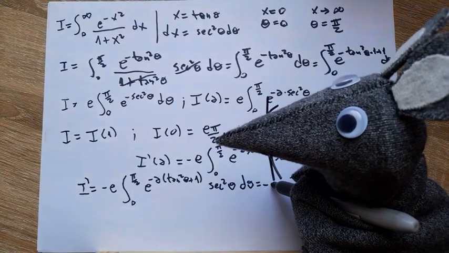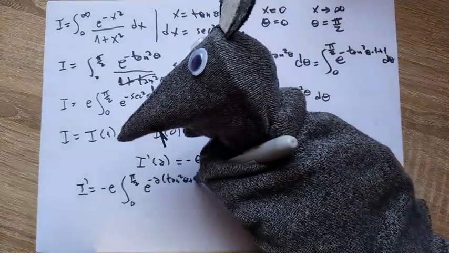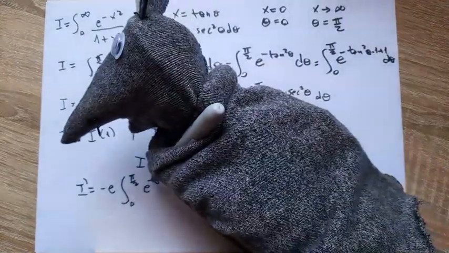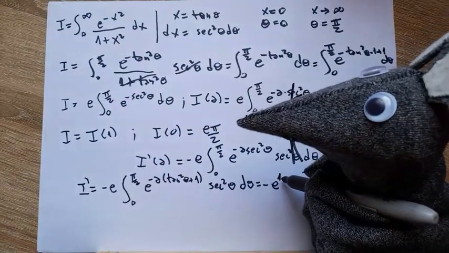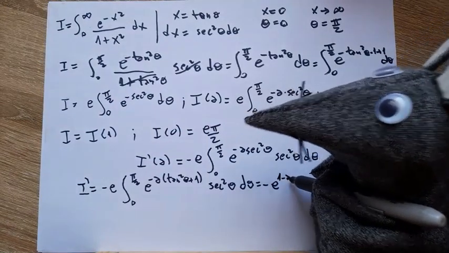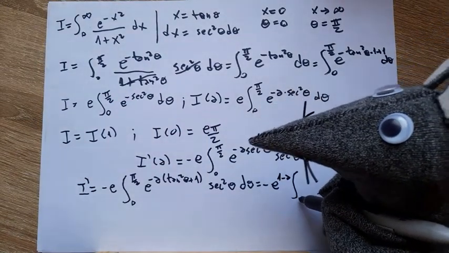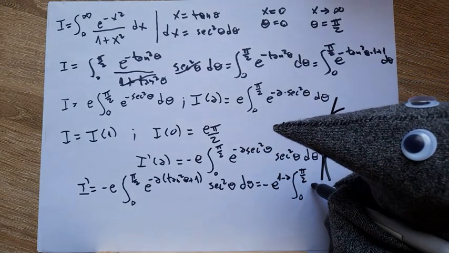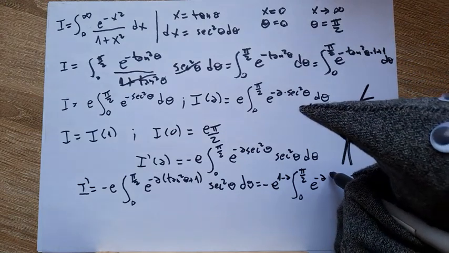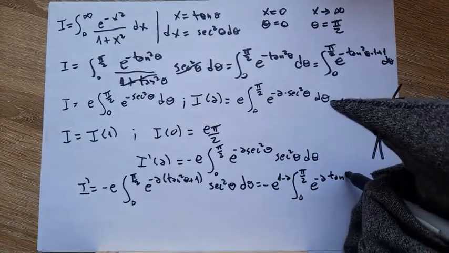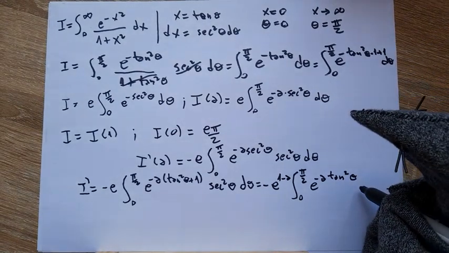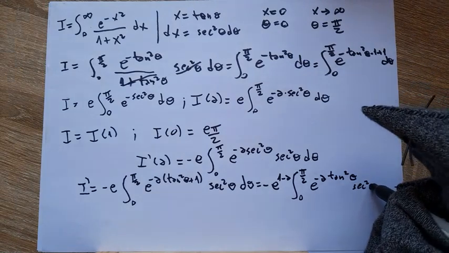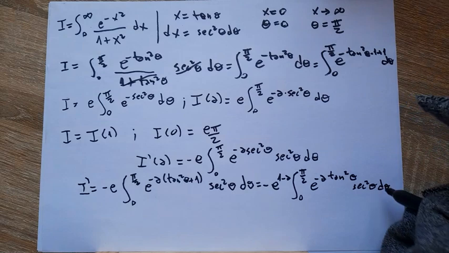Minus e. So we have this 1 here multiplied by minus a. So minus e to the 1 minus a, integral from 0 to pi over 2 of e to the minus a tangent square of theta, secant square of theta d theta.